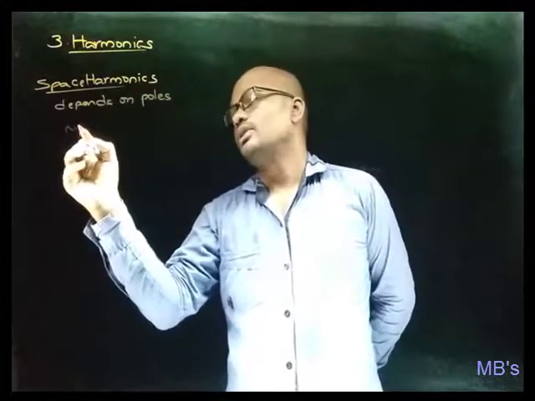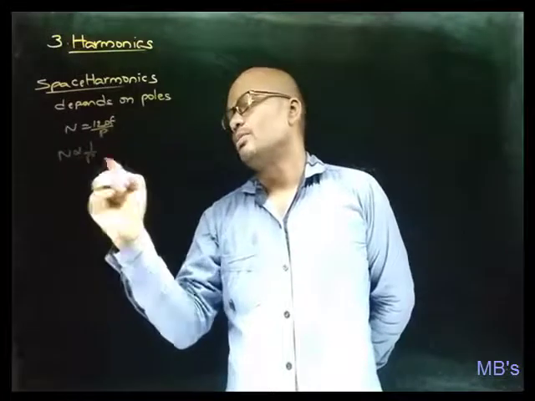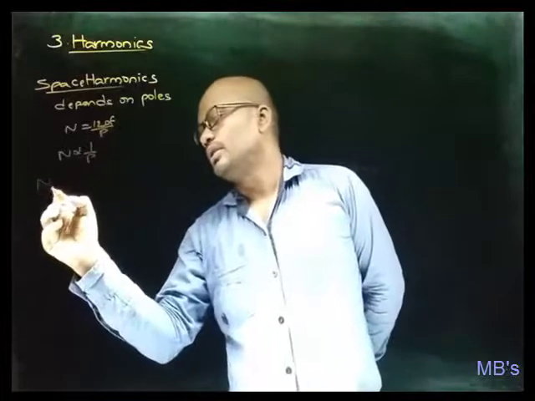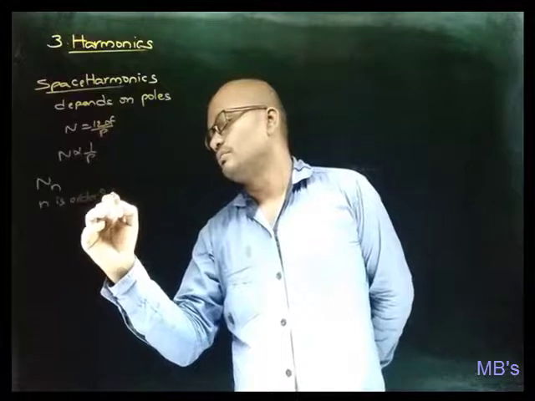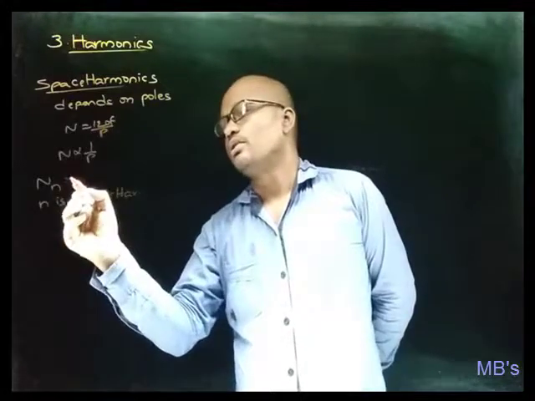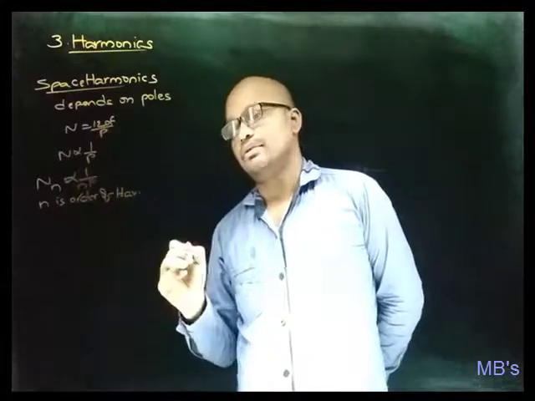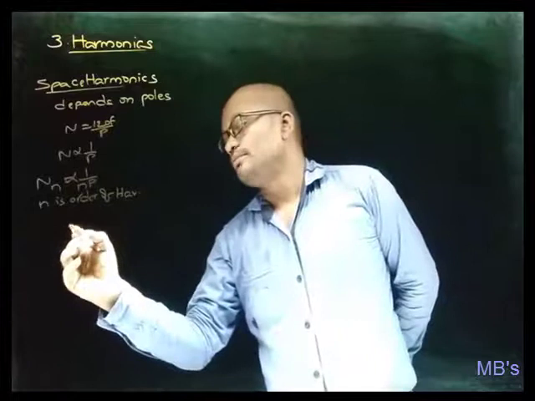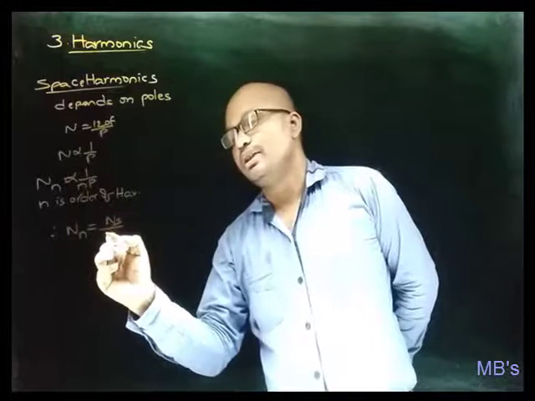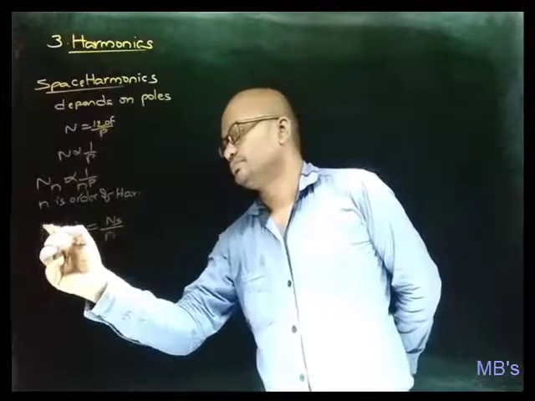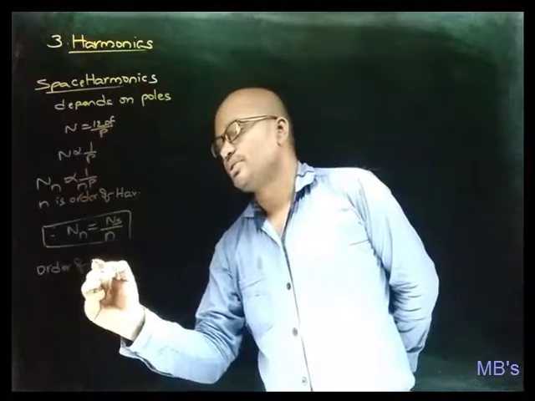As we know, N is equal to 120 F by P, so N is inversely proportional to P. For the nth order harmonic, where small n is the order of harmonic, the nth order harmonic is directly proportional to 1 by n times P. Therefore, the speed of the nth order harmonic is synchronous speed by n.